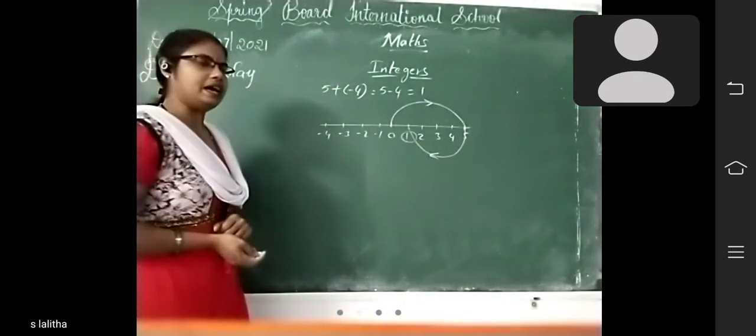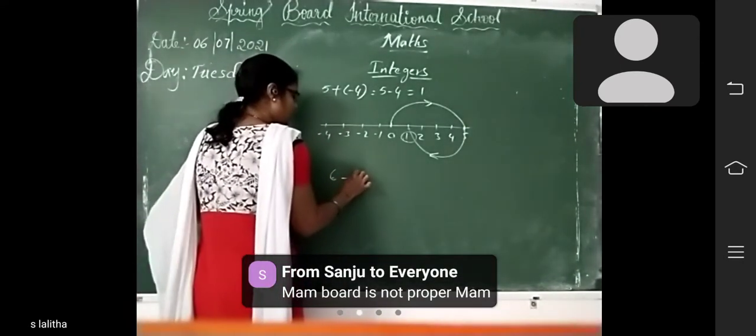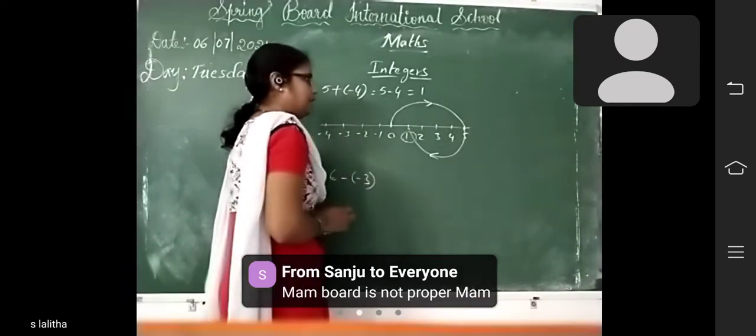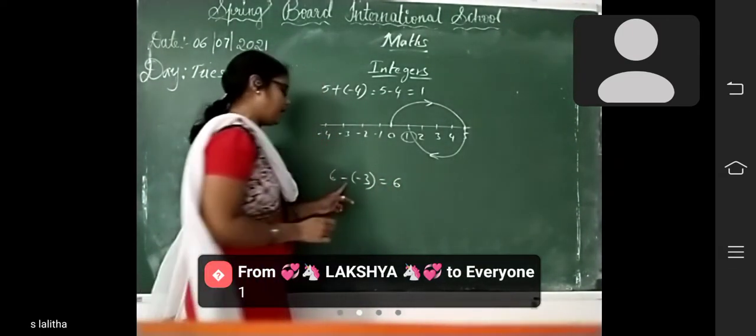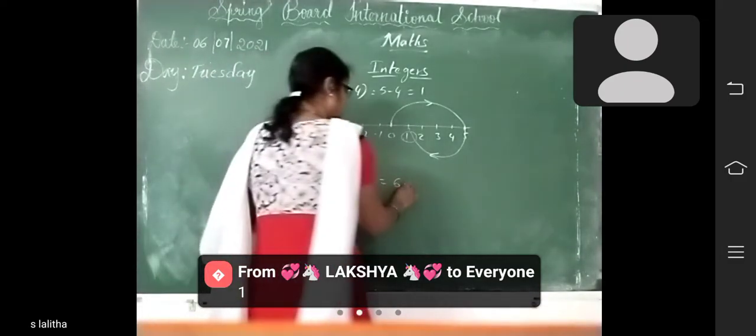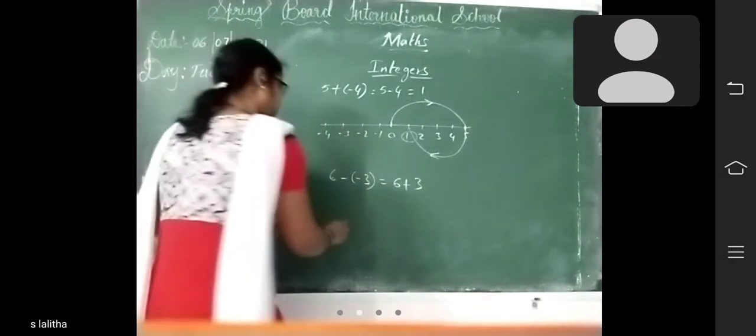Children, like that, subtraction of integers, 6 minus of minus 3. How should you do it? 6 minus of minus 3 becomes 6 plus 3.